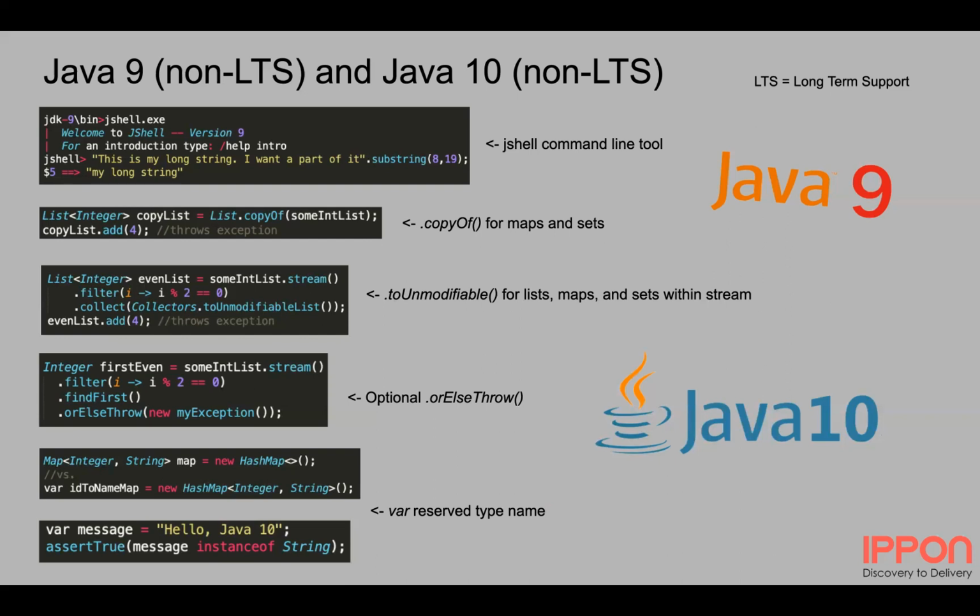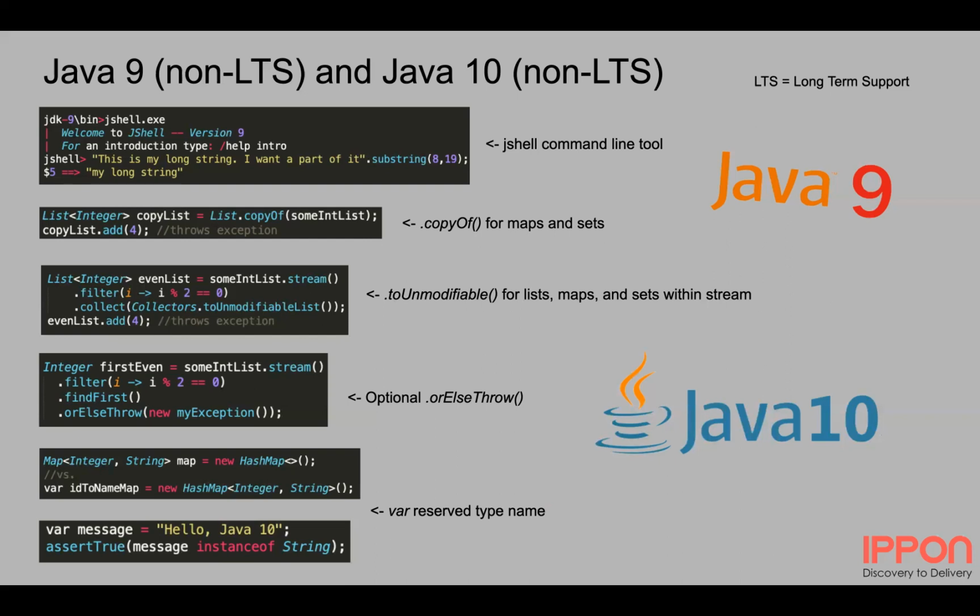And if you're familiar at all with Scala or Kotlin, it also introduces this var reserved type name. If you've used it in those other languages, it functions pretty much the same way. It is mutable, but you can more easily have Java infer your types.